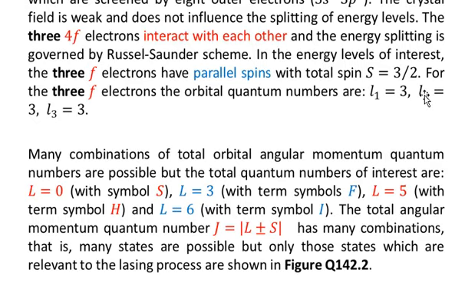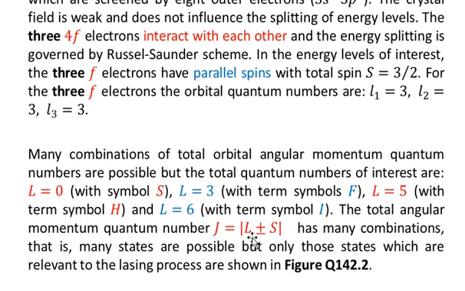Now these values will be added to the total spin quantum number, which is capital S is equal to 3 half, to produce the total angular momentum quantum number capital J. So capital J is equal to mod of capital L plus minus S. You will put the value of capital L one by one, keeping capital S is equal to 3 half as calculated earlier.